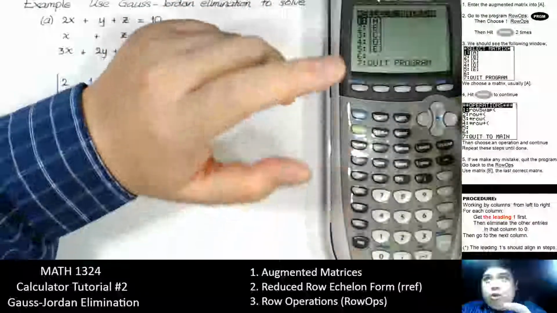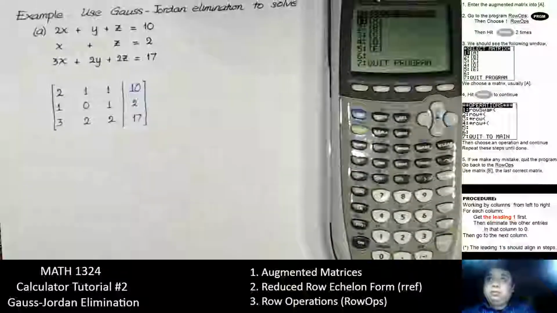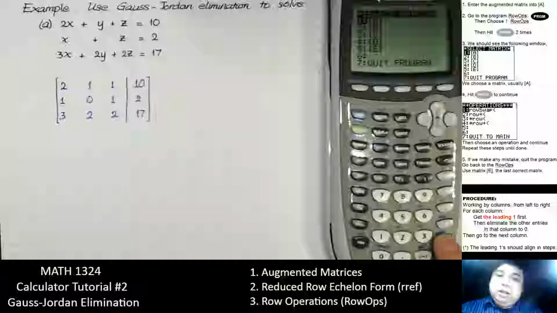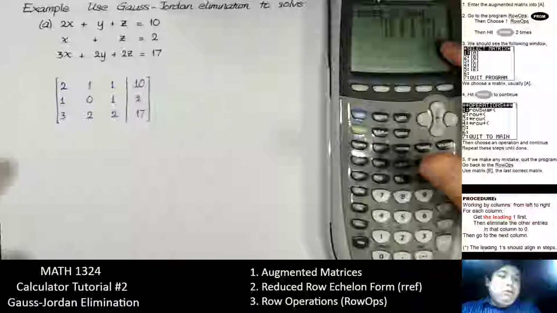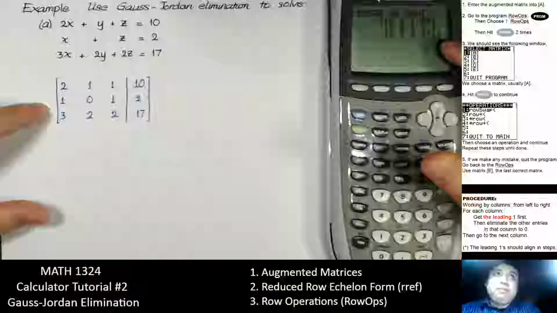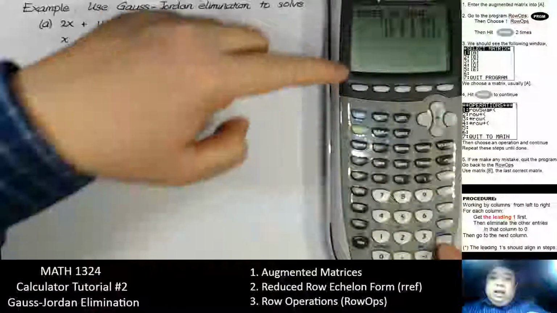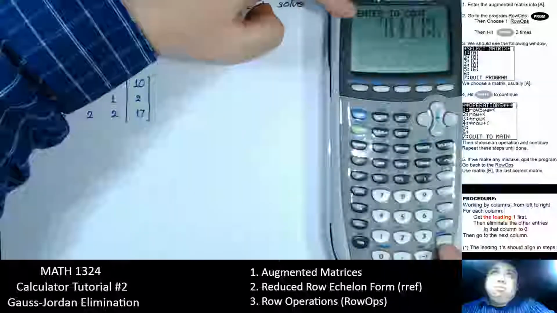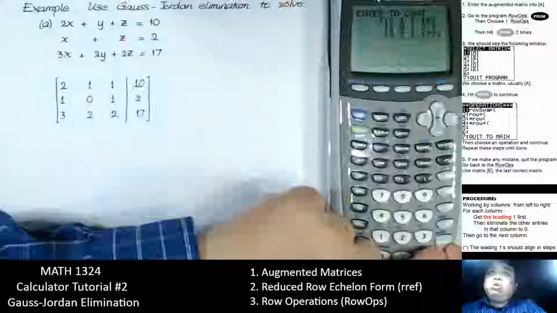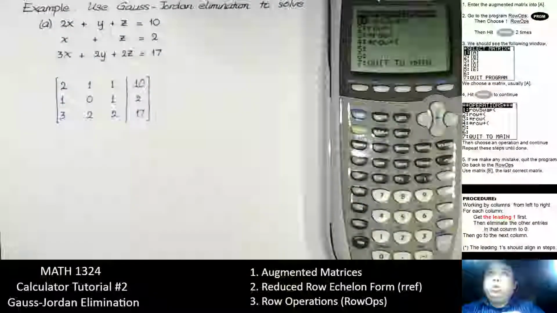Right, now we choose matrix A. Hit enter, and it gives you the matrix A. That's what we have here. We hit enter again, and it asks you to hit enter to continue. So we do that.